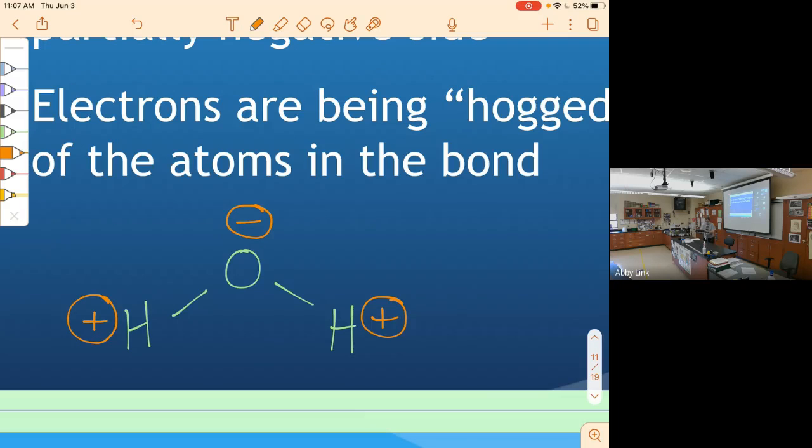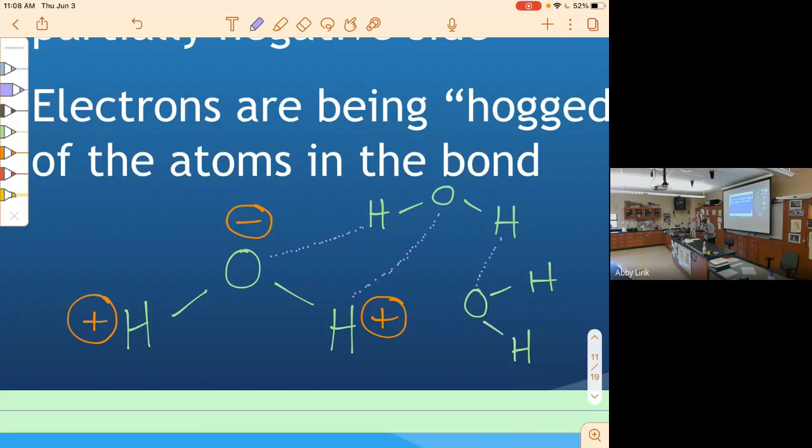Here's what makes this so incredible. When you start having more than one water molecule existing together, because let's face it, we don't ever just have one molecule of something, what basically happens is an attraction occurs between the partial negatives, so the oxygens, and the partial positives, so the hydrogens.